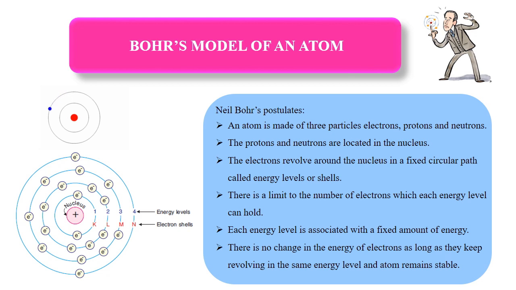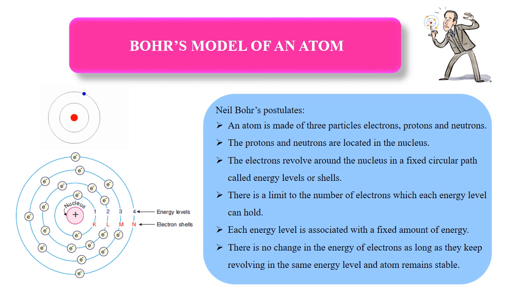Now let's discuss the Bohr's model of an atom. In order to overcome the limitations of Rutherford's model, he proposed some postulates. The very first postulate says that an atom is made up of three particles: electrons, protons, and neutrons. The electrons are negatively charged, the protons are positively charged, and the neutrons have no charge.